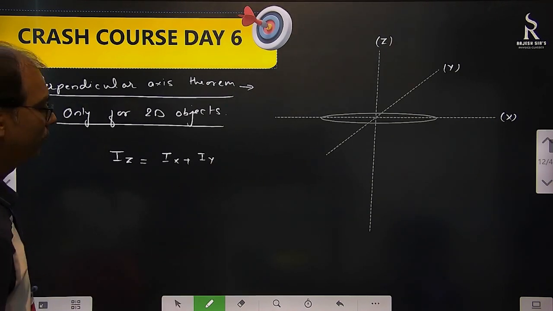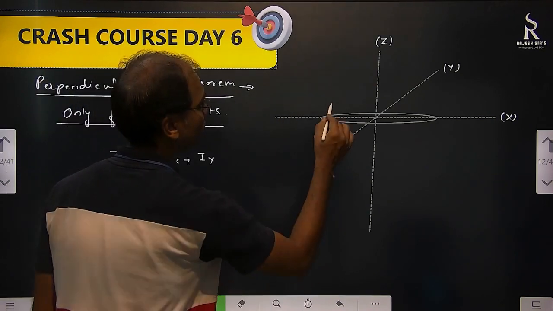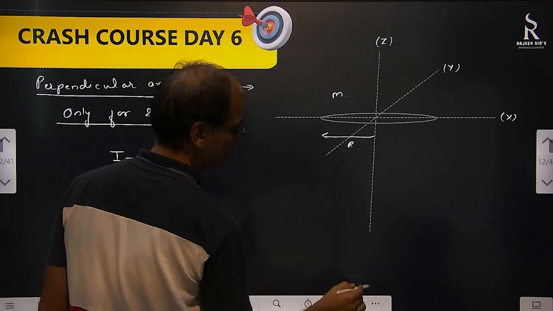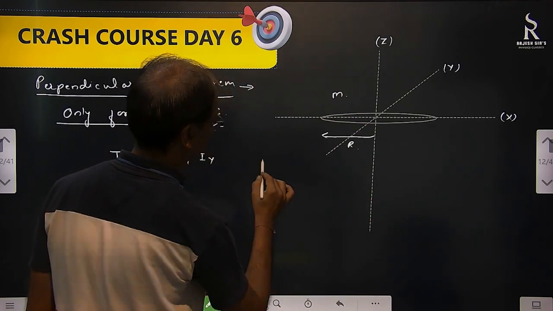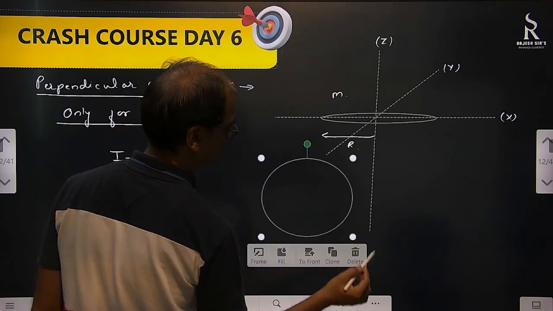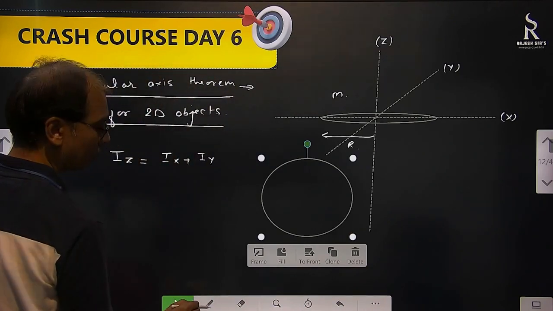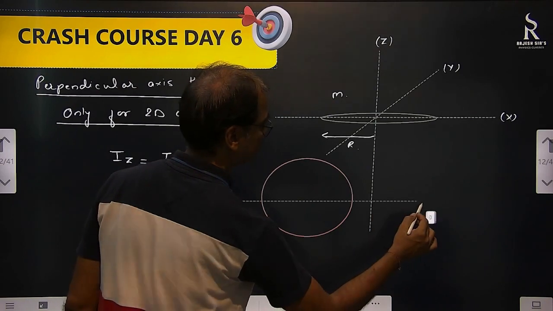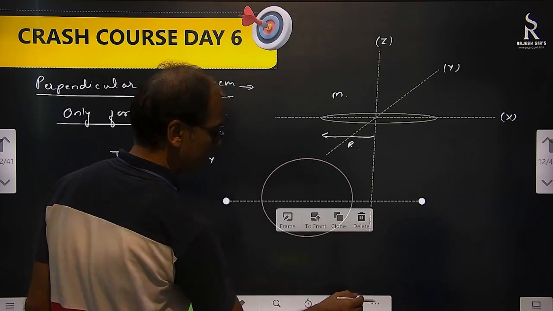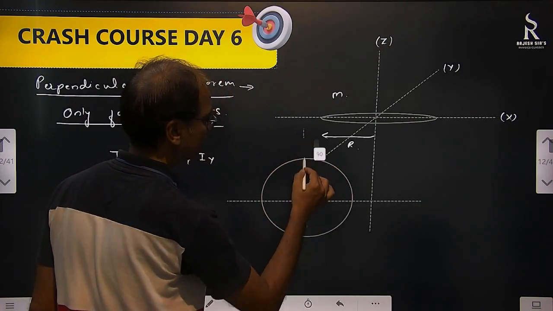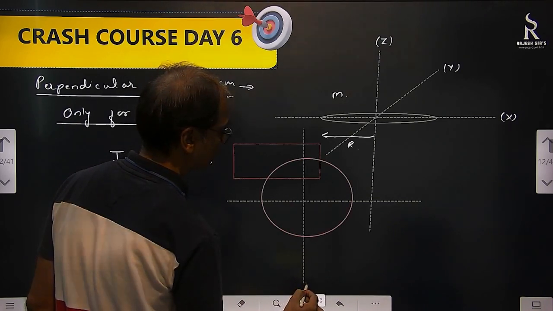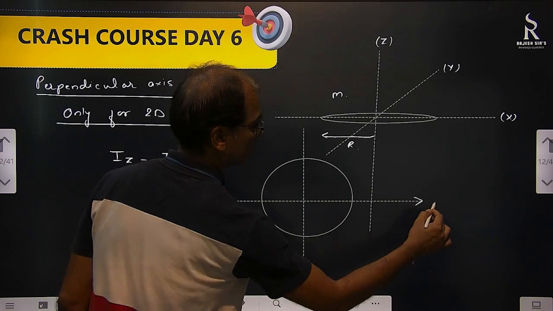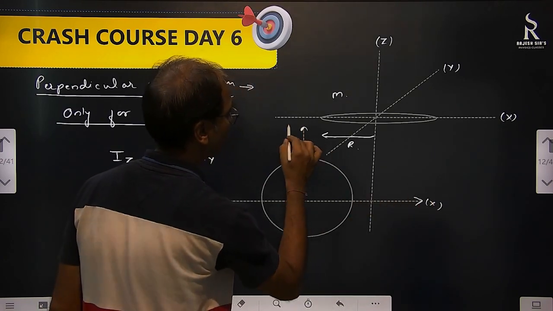So let's see, if you are talking about a ring, this is the ring only. Let's say its mass is m, radius is r. First of all, this ring I will make like this also. Now in this one, this is x-axis and this is y-axis. This is x and this is y. And where is z?